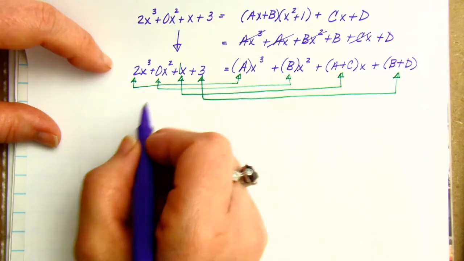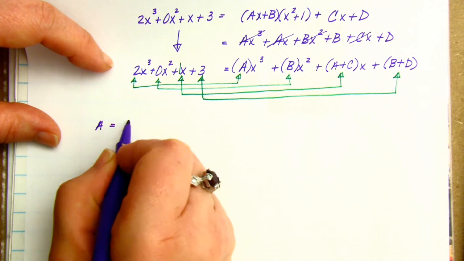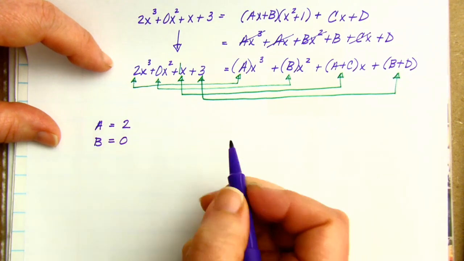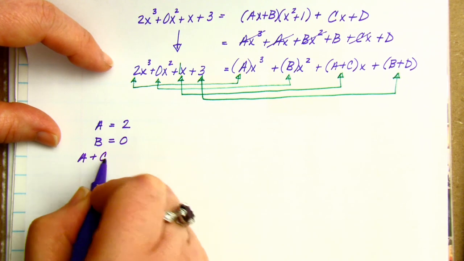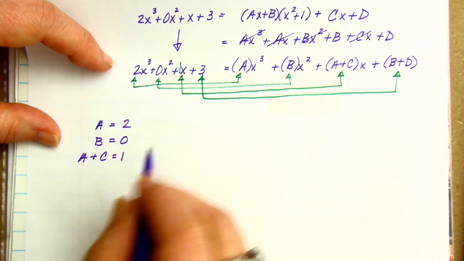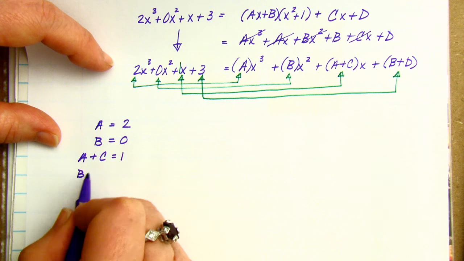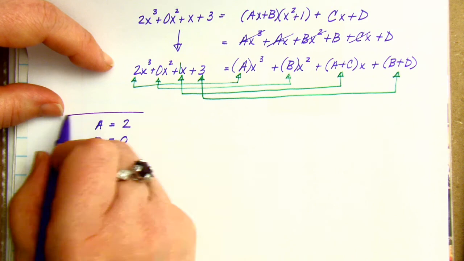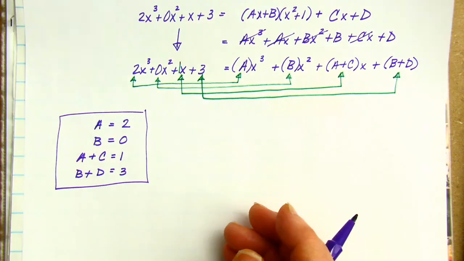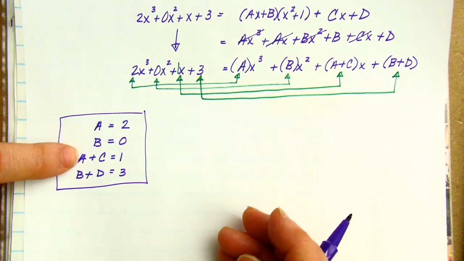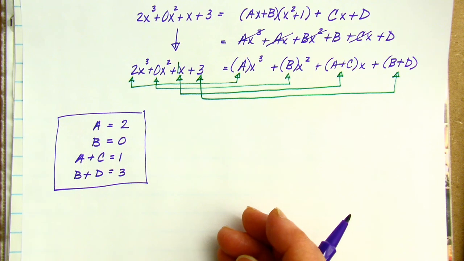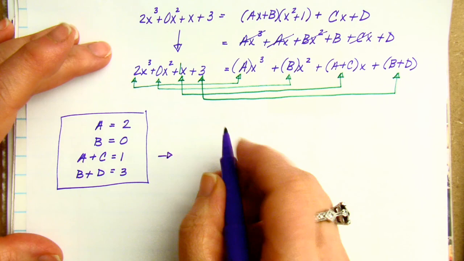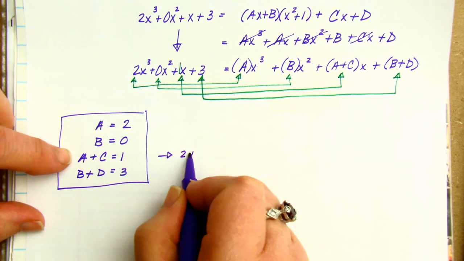Now again, I like to write this out so that I'm organized. So a equals 2. B equals 0. A plus c is 1. B plus d is 3. Well, I know what a is, so I can easily find c. So I'm going to substitute 2 plus c equals 1.